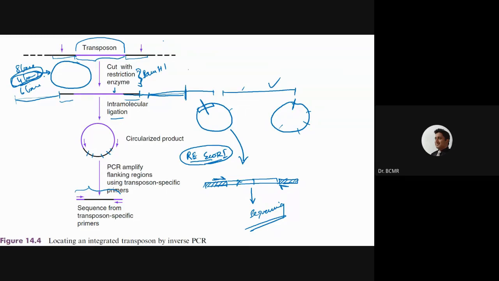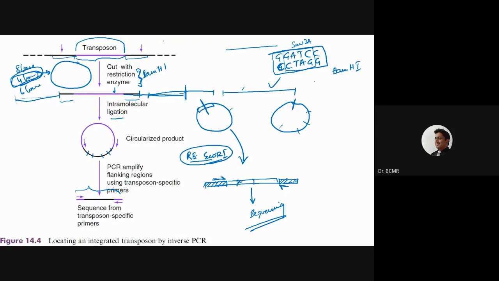And I will also add one more complication: GATC, GGATCC, sorry. So this is the sequence for Sau3A, and this whole thing is the sequence for, say, BamHI.